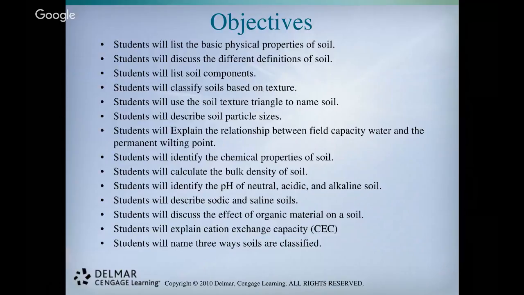Also, you'll list some soil components, classify soils based on texture, which is what we're going to focus on today, soil texture. And tomorrow you will use the soil triangle to name the soil, and then we're going to look at particle sizes. So the big thing we're going to look at today is soil texture.